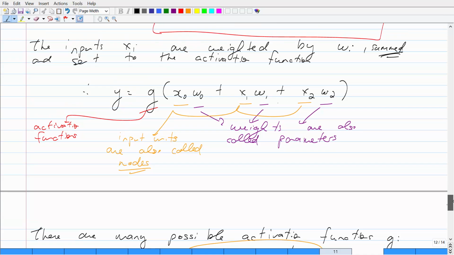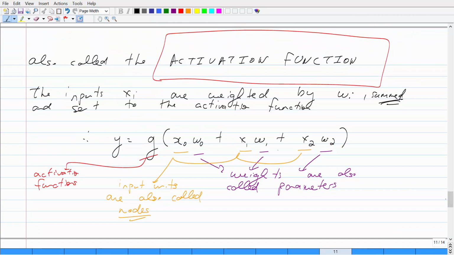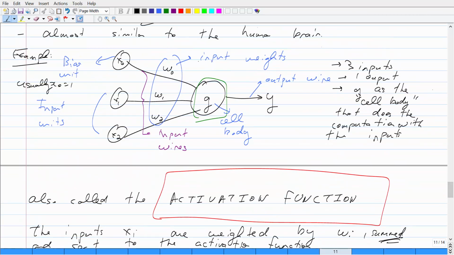Here's something interesting that you may or may not have noticed. If you take a look at this very simple model, you can think of a single neuron as logistic regression.